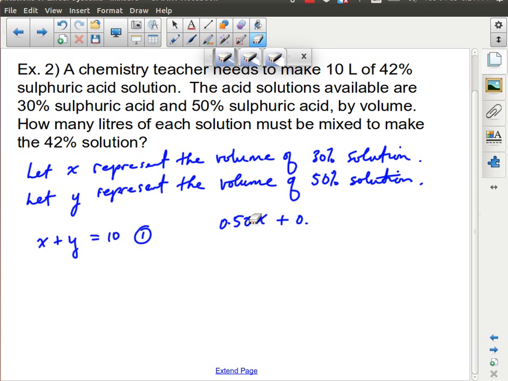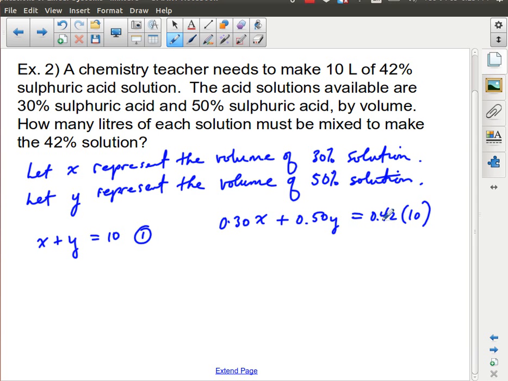I do have them backwards. The x goes with the 30%. So 0.30x plus 0.50y is equal to, and we want to produce a 42% solution of 10 liters. So this is the percentage of sulfuric acid, this is the volume.